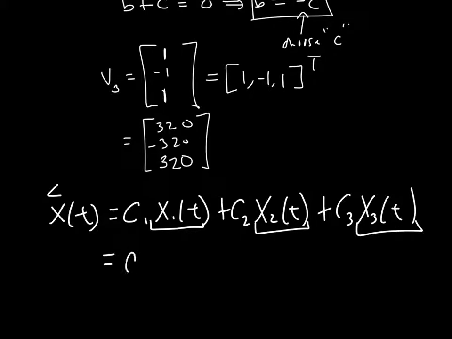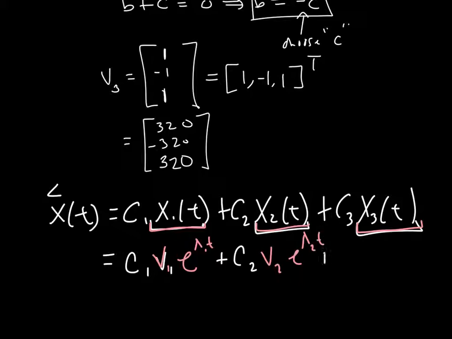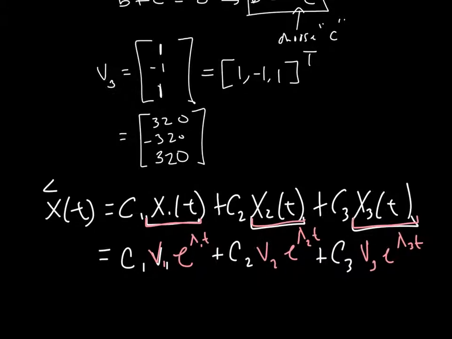They're just our x sub 1 of t, which is equal to our eigenvector V1. Let's use some colors here. So we have V1 e to the lambda 1 t plus C2 V2 e to the lambda 2 t plus C3 V3 e to the lambda 3 times t.